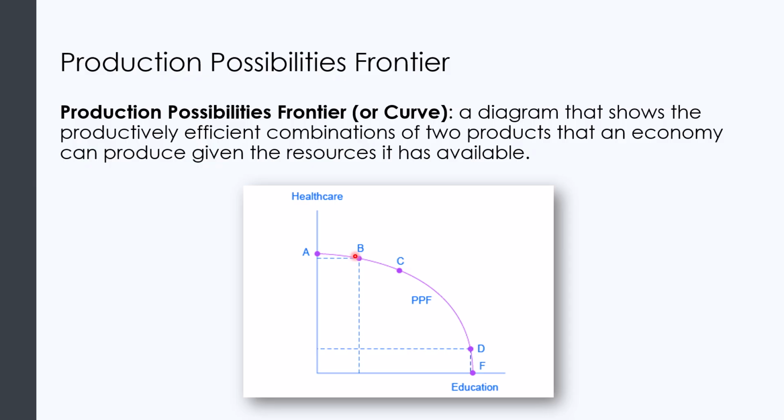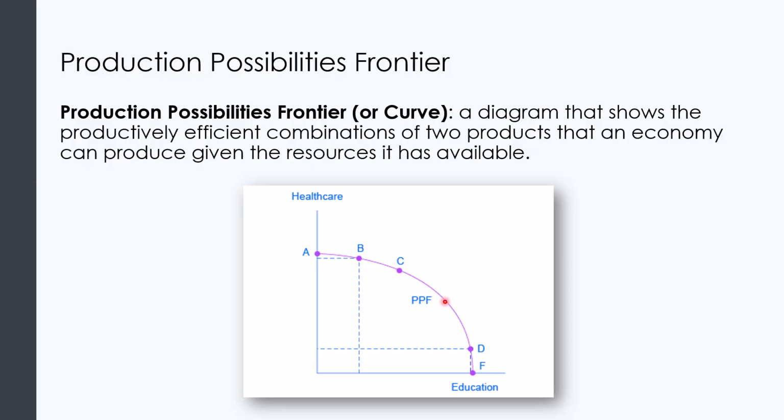So I can see a big gain in education for very little opportunity cost. As I move to point C, though, my gain in education is still big, but I have to give up a little bit more. The opportunity cost gets a little bit greater.